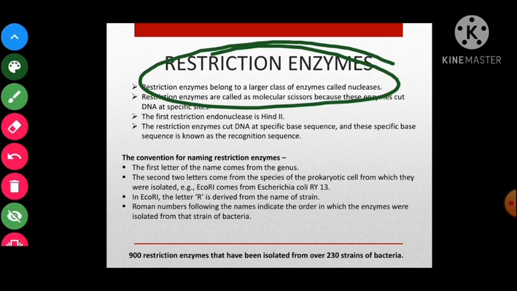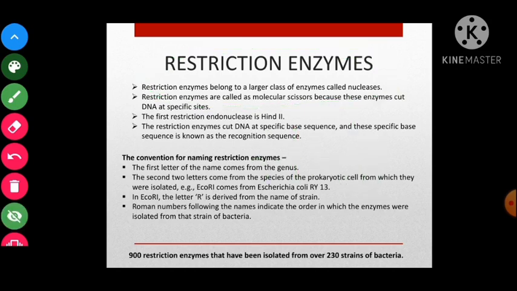So first let us talk about the convention of naming of the restriction enzyme, right? Then we will talk about the palindromic sequences. Let us see the convention of naming restriction enzyme. जैसे कि एग्जाम्पल हम इसी का लेते हैं, HindII. The first letter is the name of genus. H is from Haemophilus. Second two letters are from the name of species, influenzae, IN.